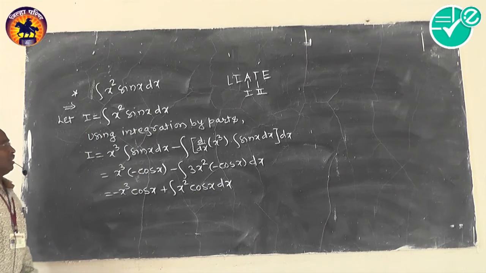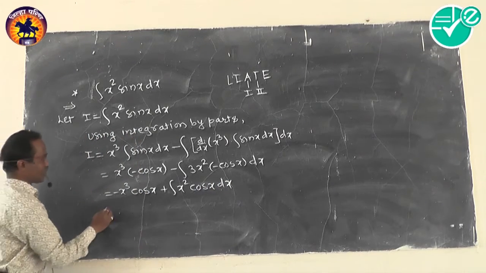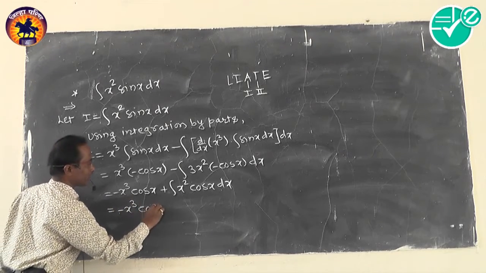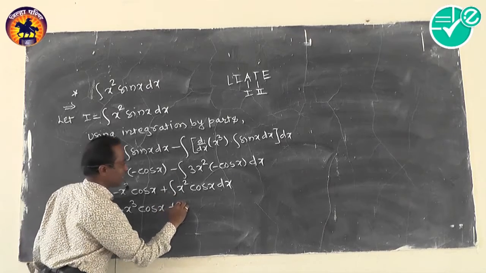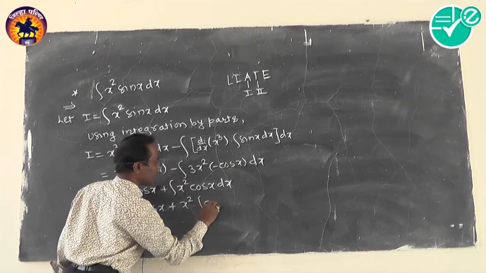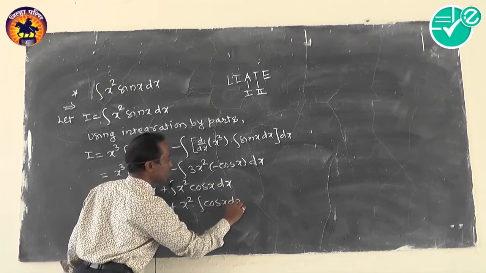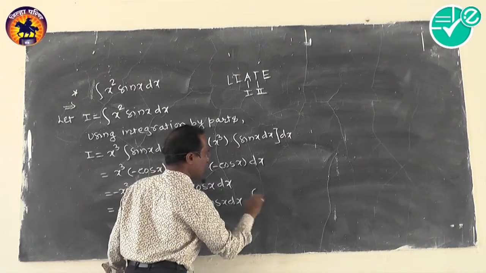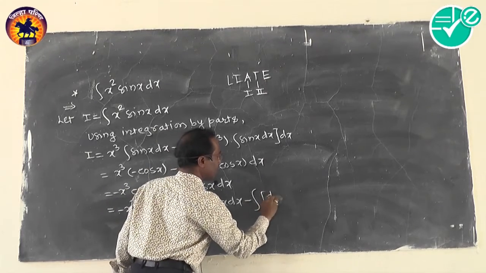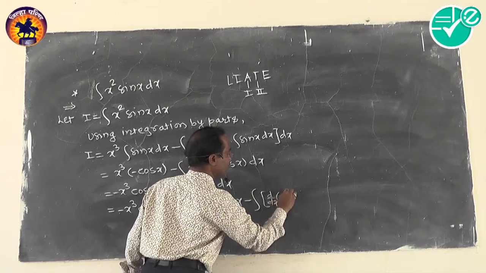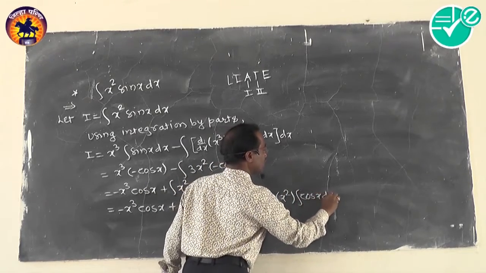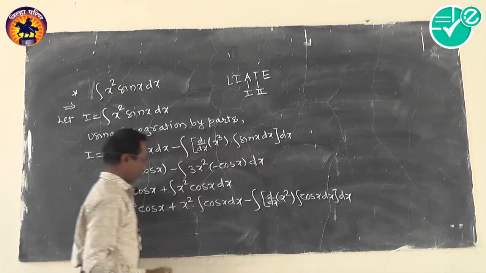Again we use the integration by parts. Minus x cube into cos x plus first as it is into integral of second, minus integral of derivative of x square into integral of cos x dx with respect to x.